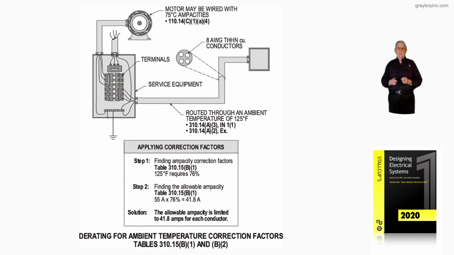Now evaluation time has to take place. Table 310.16, as well as 240.4D, says a number 12 conductor has to be protected by 20 amps unless the load is one of those loads in Table 240.4G. So we would say, okay, as designers and installers, does the 19 amps supply the 18 amp calculated load? Yes, it does.